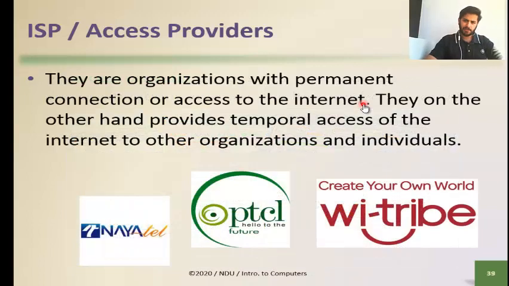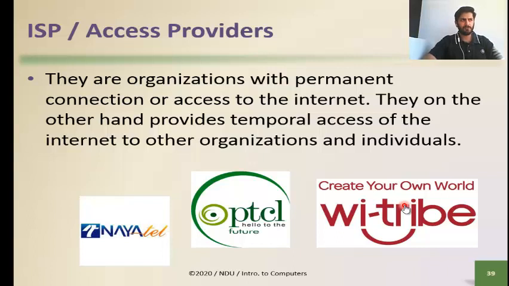So we have some examples here. There are a lot of service providers available in Pakistan. Nayatel is very famous for fiber communication. We have PTCL, the Pakistan Telecommunication Corporation, and then we have Wi-Tribe, and a lot of 4G and LTE service providers are also coming nowadays.